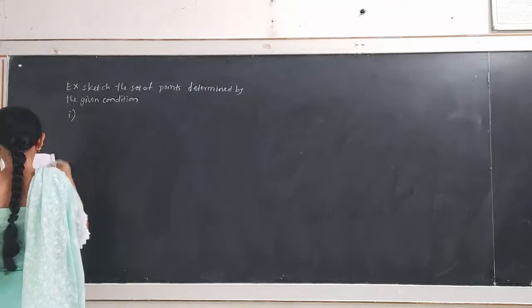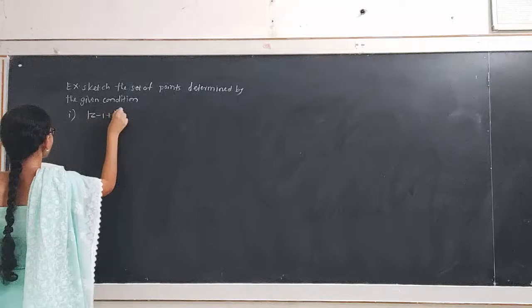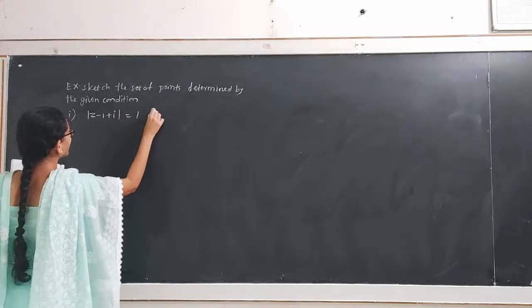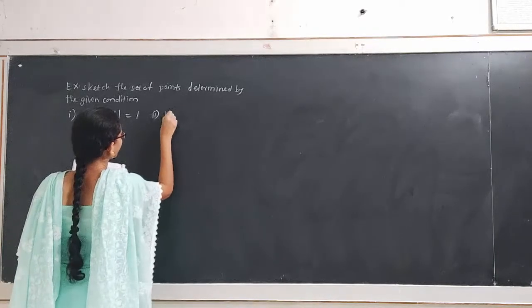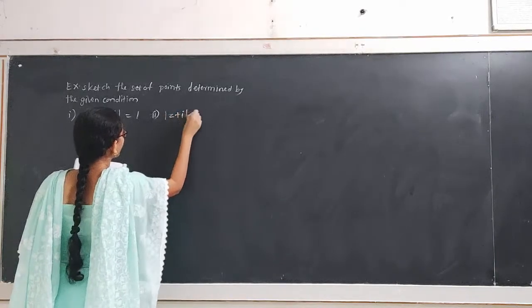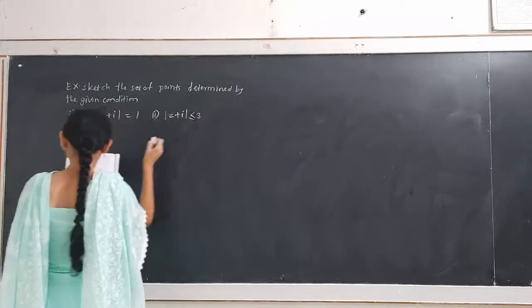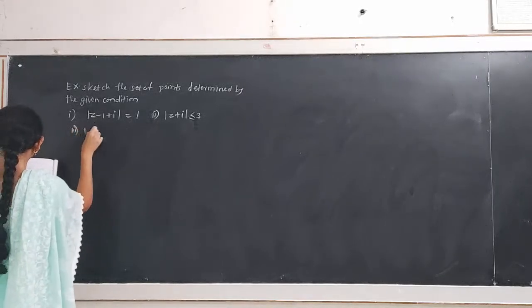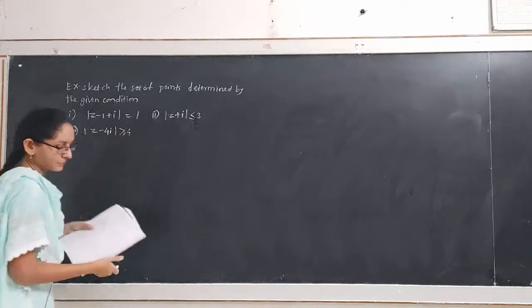First, mod of z minus 1 plus i is equal to 1. Second, mod of z plus i is less than or equal to 3. And third, mod of z minus 4i is greater than or equal to 4.